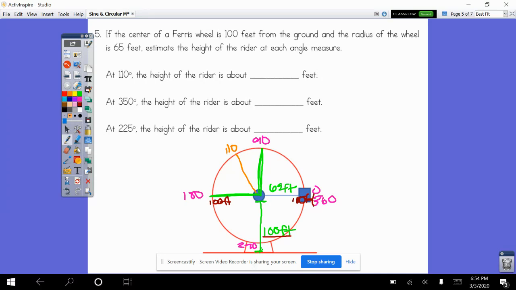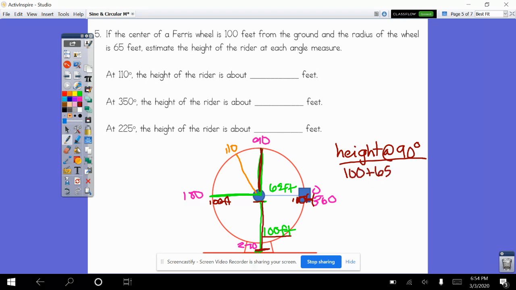At 90 degrees, our height is the 100 feet plus the length of the blade, or the radius of the Ferris wheel. So the radius of the Ferris wheel is 65. So to get the height at 90 degrees, I'm going to add 100 plus 65.